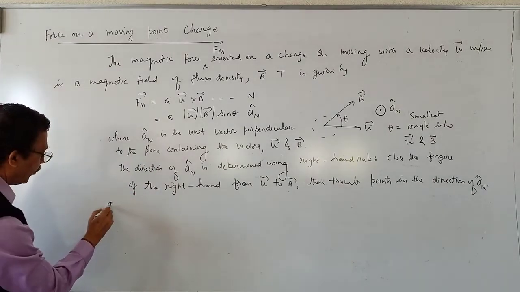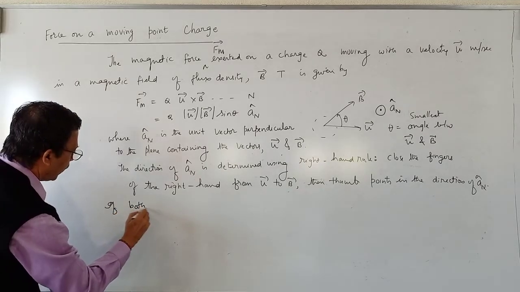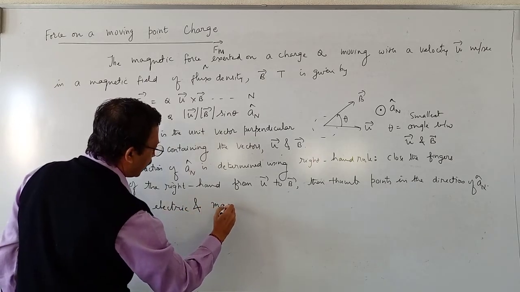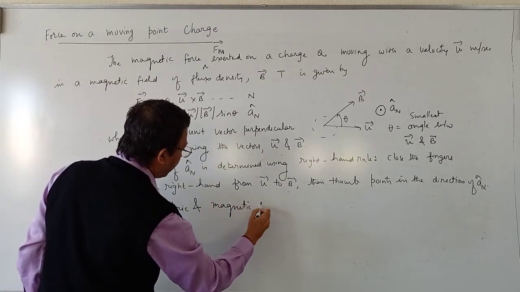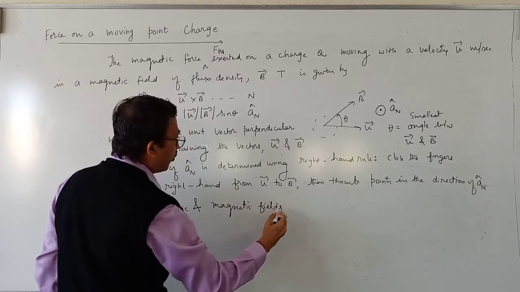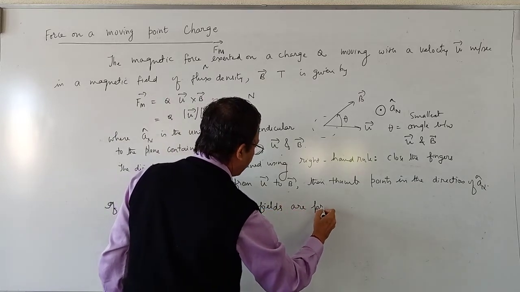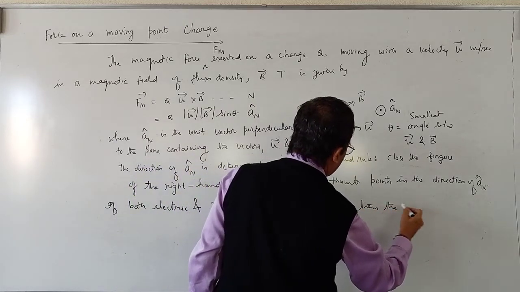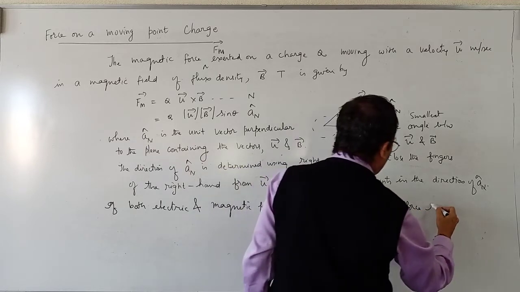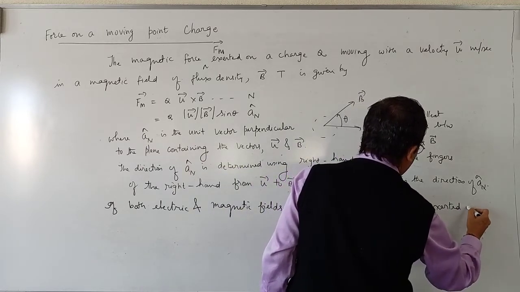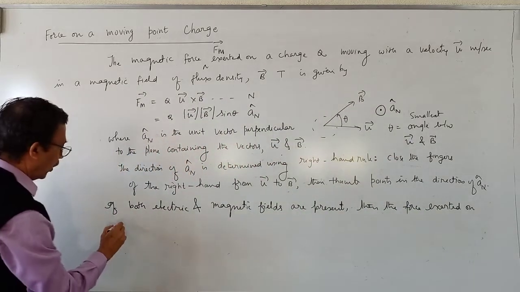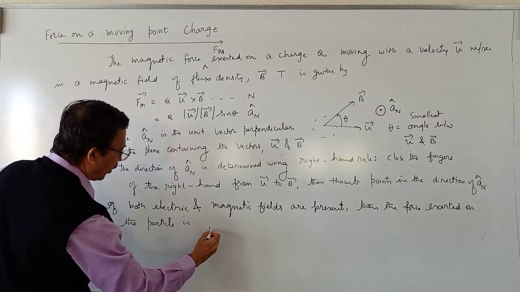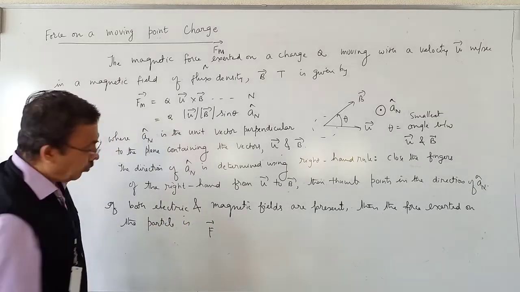If both electric and magnetic fields are present, then the force experienced or exerted on the particle, on the charge, is vector F, vector F total.